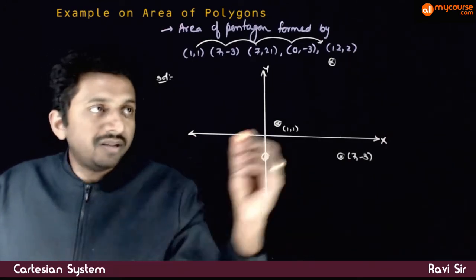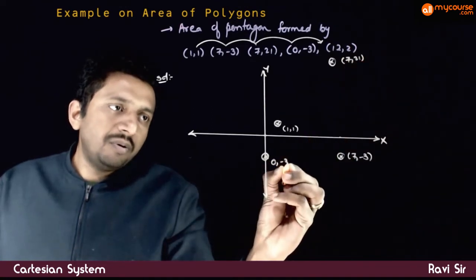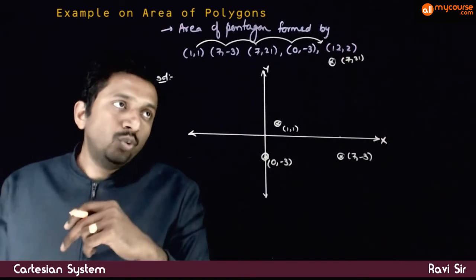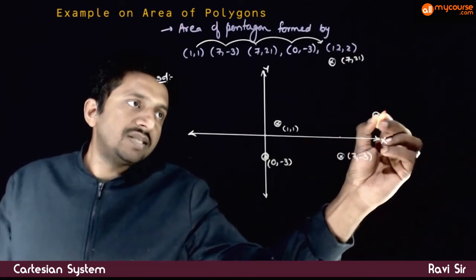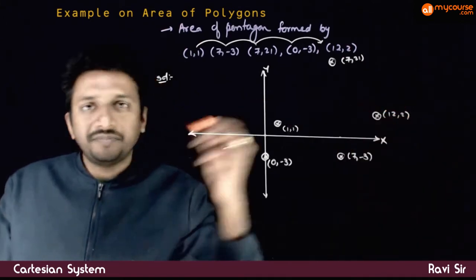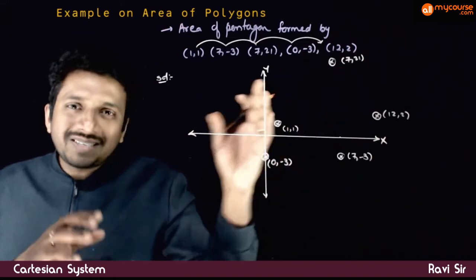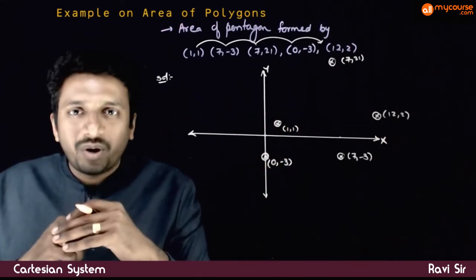This is the 4th point. So this is 7, 21. This is 0, minus 3. And finally 12, 2. So you have 12, 2 somewhere here. You don't need to plot the points exactly. Just need a rough idea of how the placement of points is.